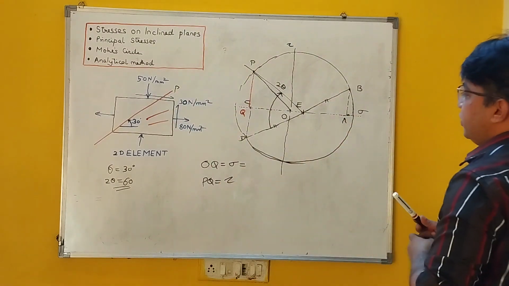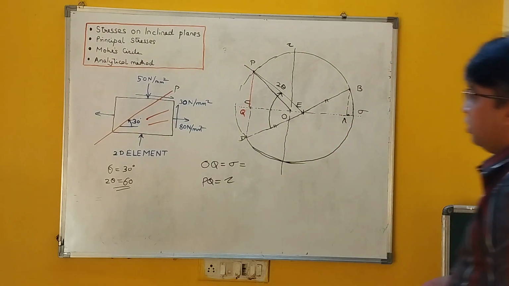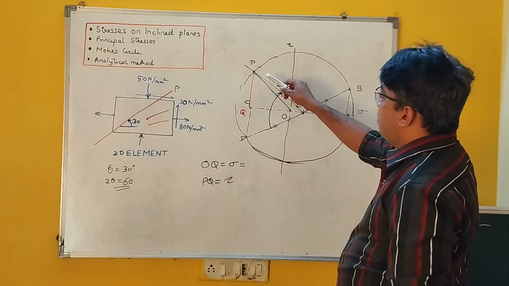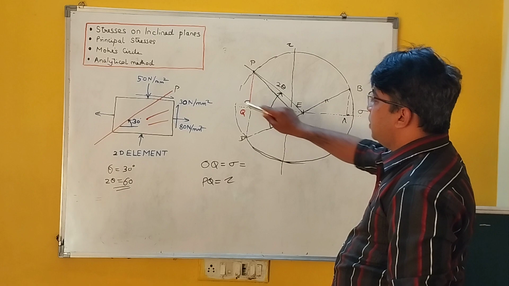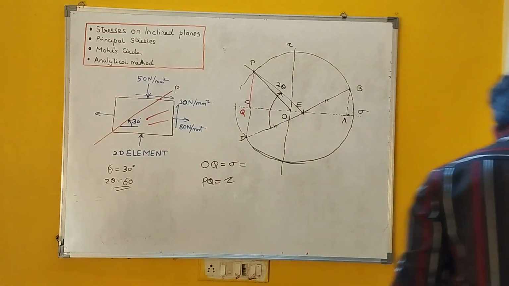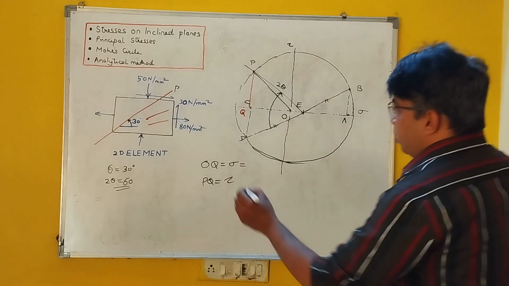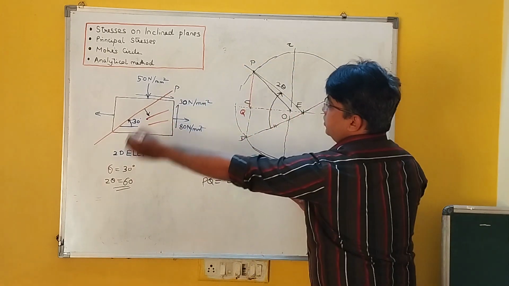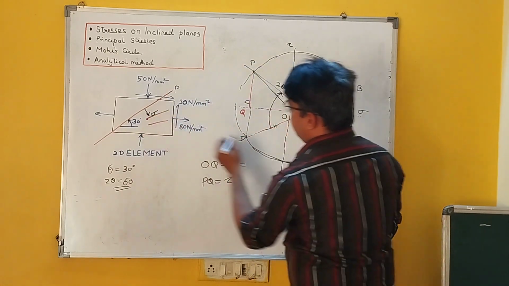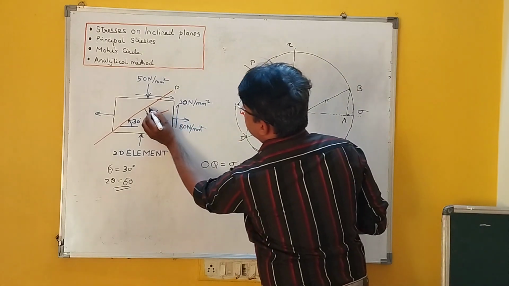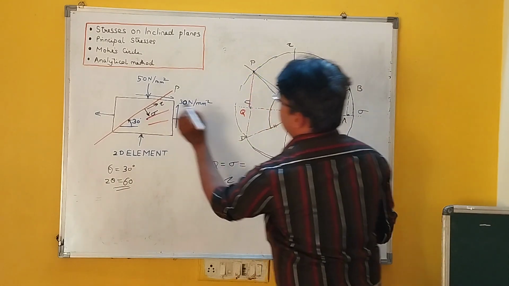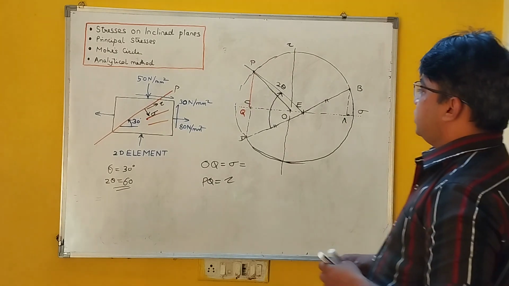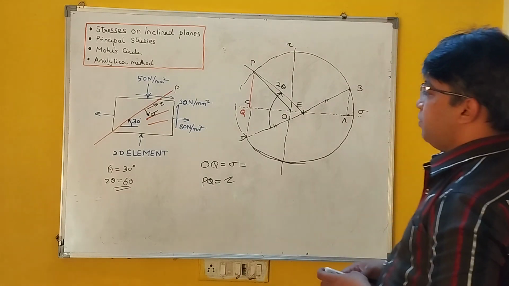So finally we are successful in finding out the magnitudes of normal stress and shear stress on the plane P. This value is the normal stress, which is compressive, and this is the shear stress which we got, this is the tau. So that is a way to discuss the analytical method.